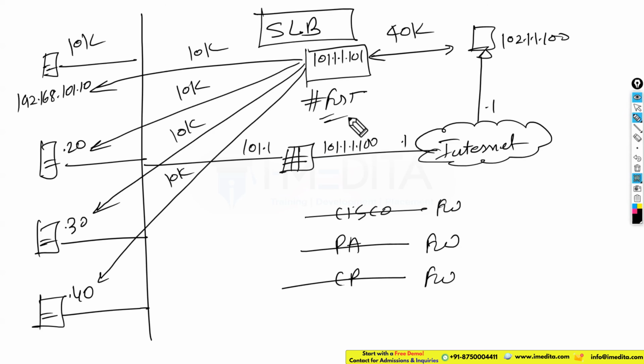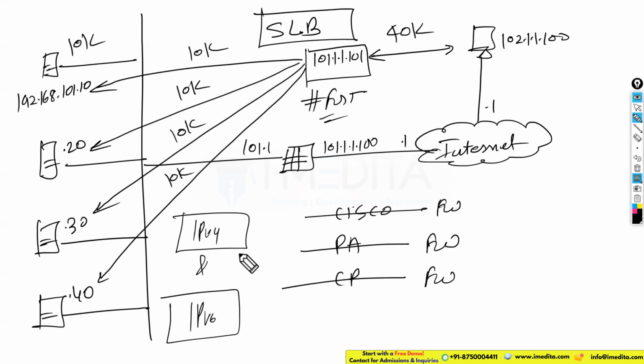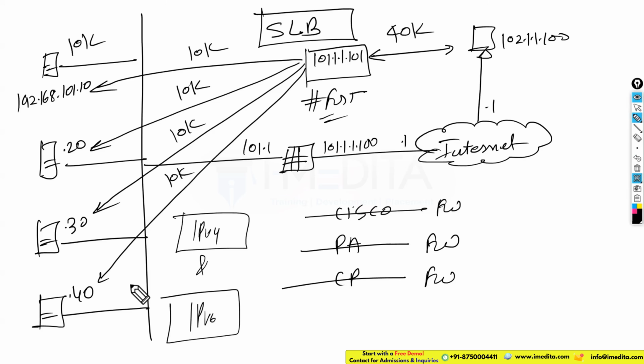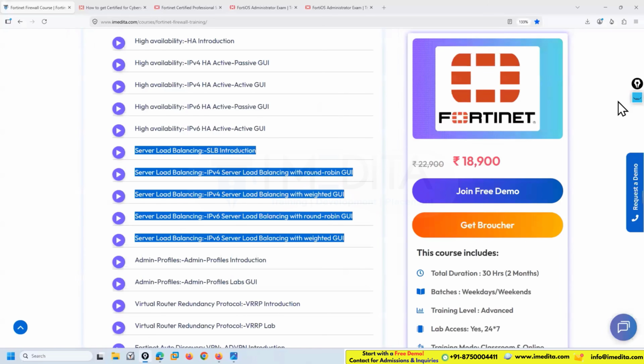Only on FortiGate firewall it is available. With the help of SLB, we can distribute requests to multiple backend servers using different load balancing algorithms. SLB is supported for both IPv4 and IPv6.